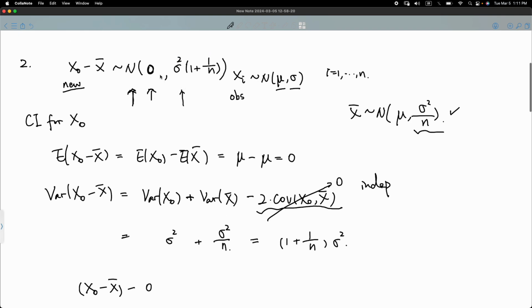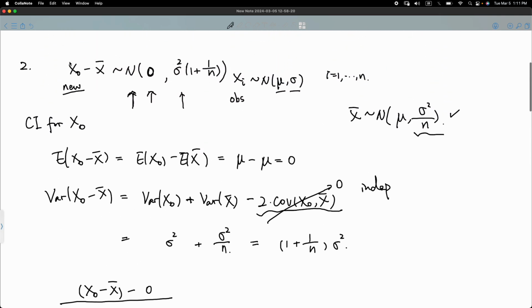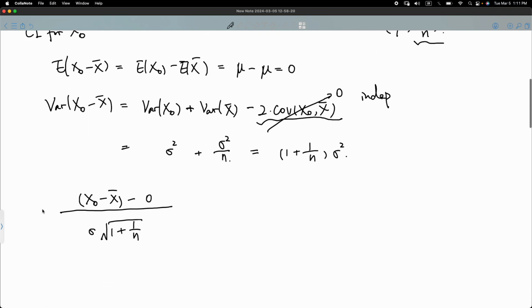So we just need to subtract 0 here, and then divide by sigma times the square root of 1 plus 1 over n, so divided by the standard deviation. So this is a general normal distribution, and here we standardize it to convert it into a standard normal random variable.